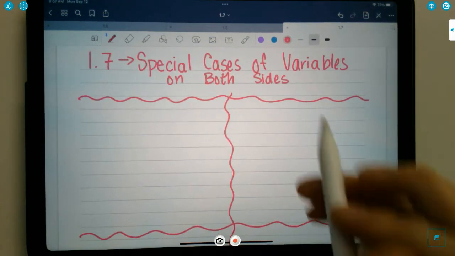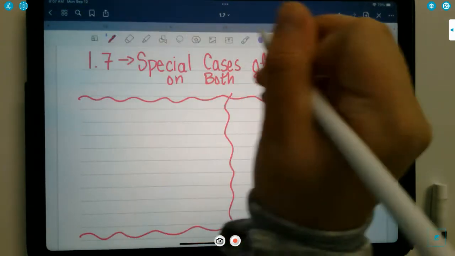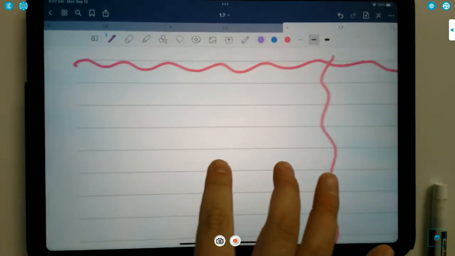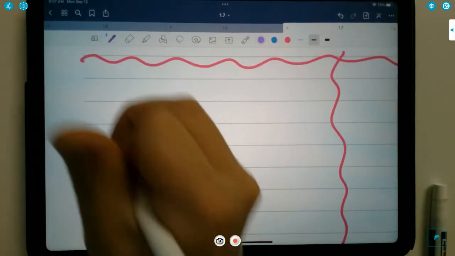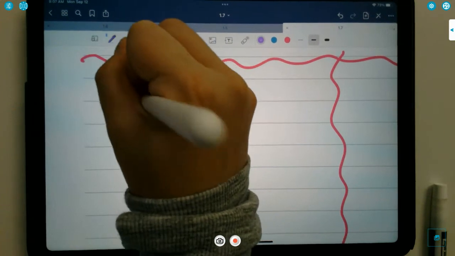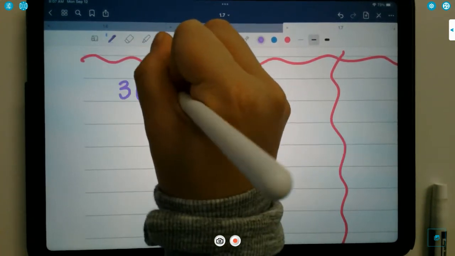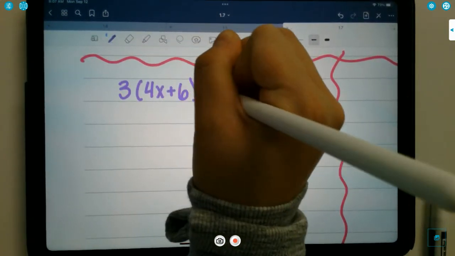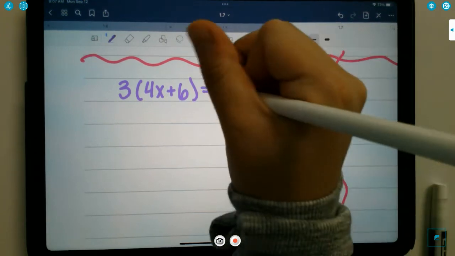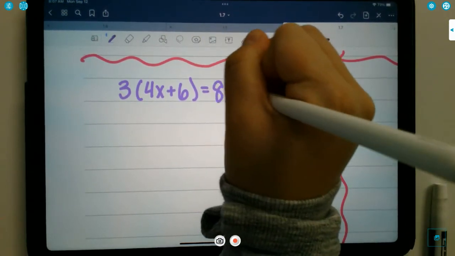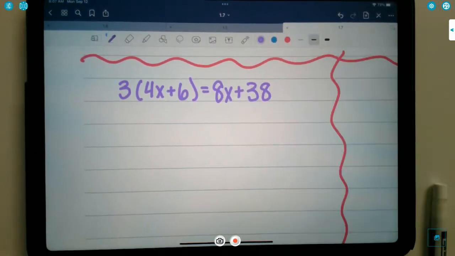Okay. First example that we are going to do is 3 times the quantity 4x plus 6 equals 8x plus 38. With this first example, the very first thing that I need to do is distribute.